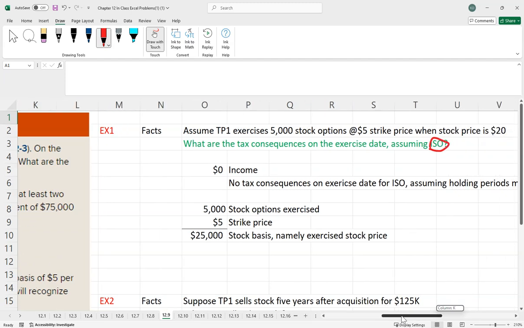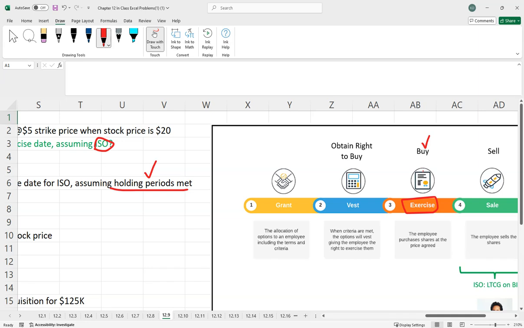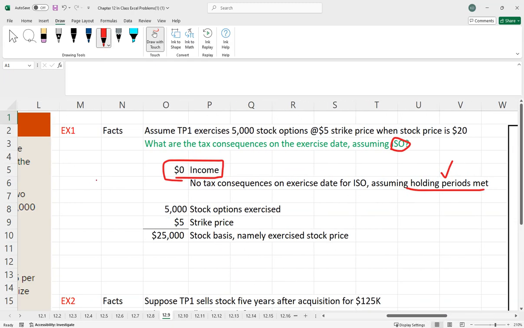Can you please tell me how much income he's going to have? Well, if he meets the holding period, check, he's going to have $0 of income on the exercise date. His income is only later on when he sells it. So in this case, no income on the exercise date.